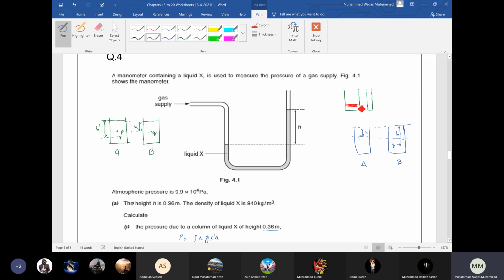Okay, so beta, in the narrow tube, the level of the liquid will be higher. Shabash, right? It will be higher. Now beta, I think if you get this, you should get this as well. If the same volume of the liquid X is poured into a manometer which has a smaller cross sectional area of the tube, then beta, what will happen?